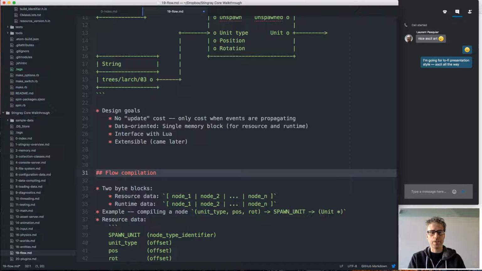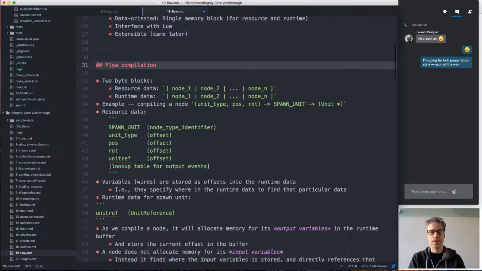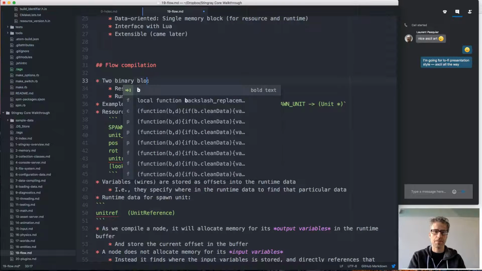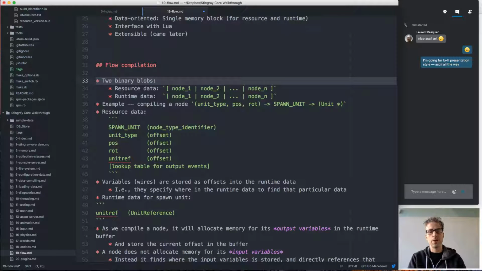When we compile the data, as I said, the goal is to compile the data into binary blobs. So a flow graph compiles into two binary blobs.